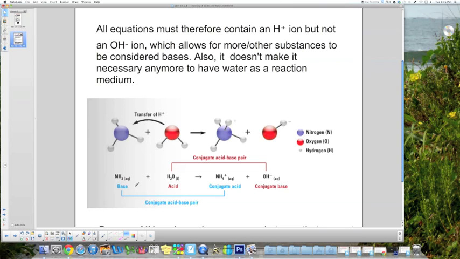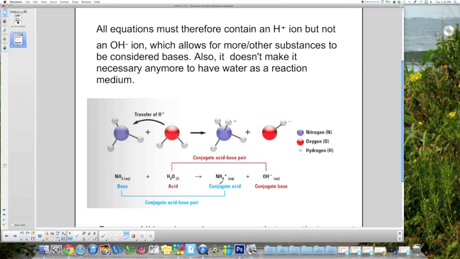So in this theory, my NH3 gained an H to become NH4 plus. Because this substance gained an H, it will be labeled as my base, because the base gains an H plus, and the water gives off an H plus. So H2O became OH minus. Because it gave off an H plus, this will be considered my acid, based on this theory.